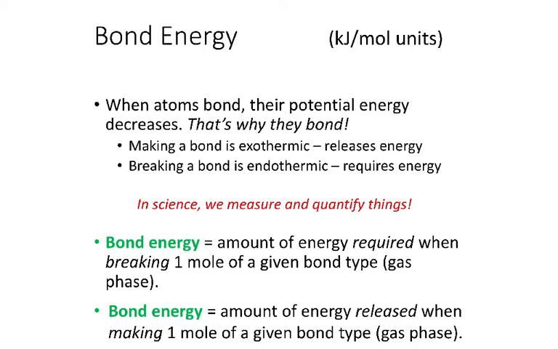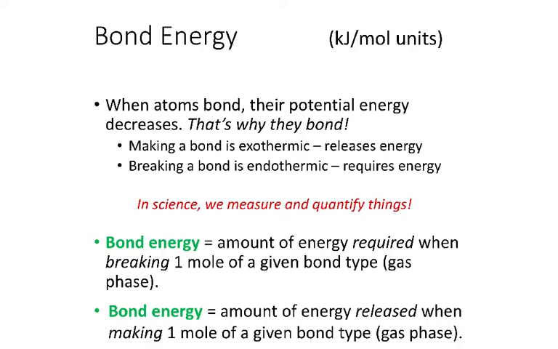So if we look at a combination of bonds breaking and new bonds forming, we can determine the net change in bond energies. Because bond energy is defined as the amount of energy required when breaking 1 mole of a given bond type.